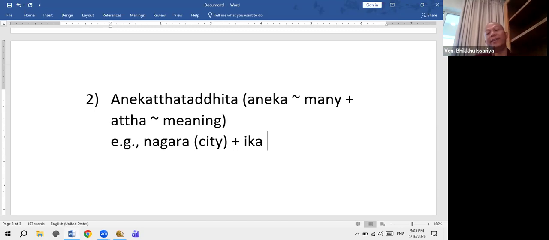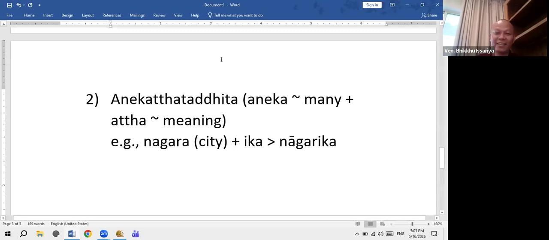So Nagara with Ika: people belonging to the city, connected to the city, relating to the city, living in the city, residents. Nagarika is residents, who lives in the city, who is born in the city. So one who is related to the city in some way is called a Nagarika.